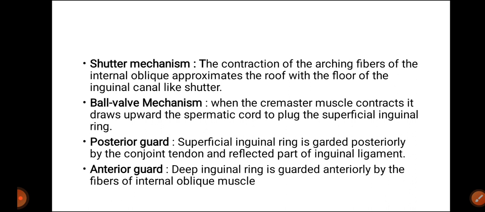Next one is the shutter mechanism. The internal oblique muscle forms the anterior wall, roof and posterior wall. When these arched fibers contract, it leads to the approximation of the roof with the floor, like a shutter. This is the shutter mechanism.